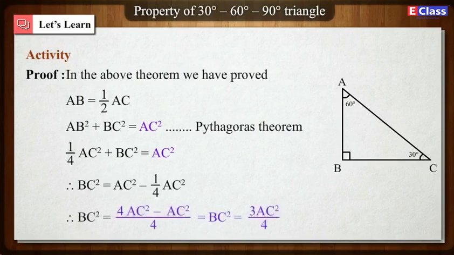Therefore, BC square is equal to (4 AC square minus AC square) upon 4, which is equal to 3 AC square upon 4. Therefore, BC is equal to root 3 upon 2 AC.